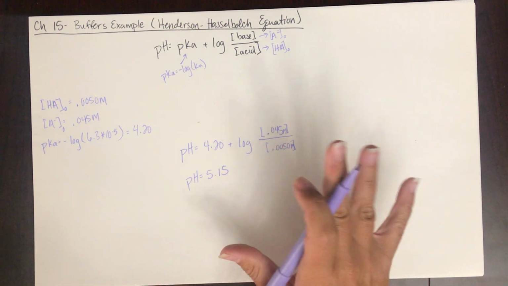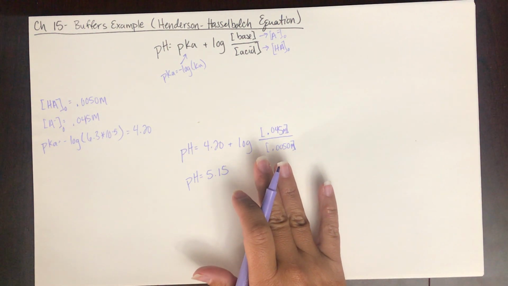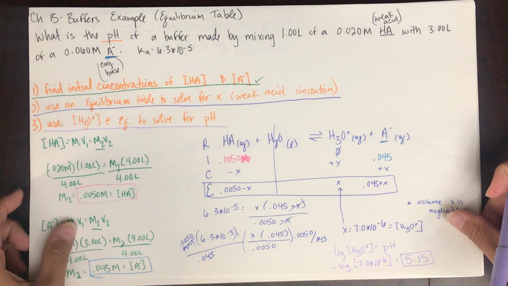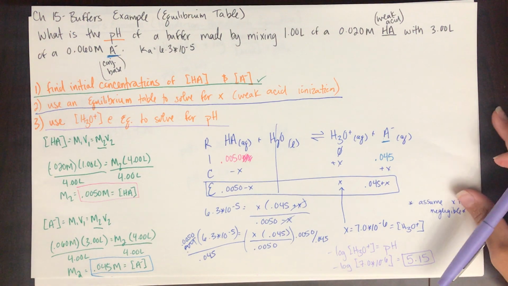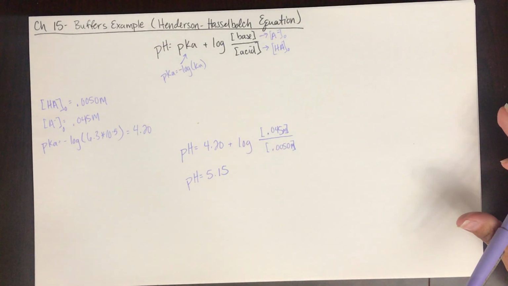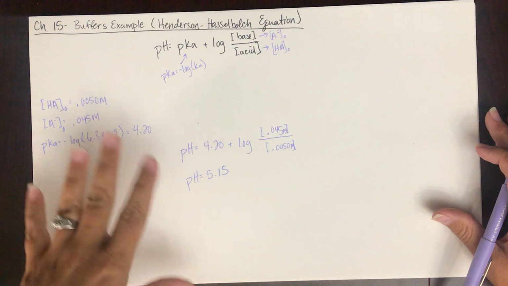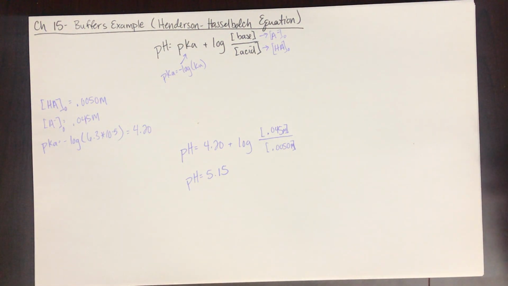So this can always be used to solve for the pH of a buffer. You also can always use an equilibrium table. I will never tell you which way to solve a problem on an exam. As long as you showed your work, whichever way you chose to solve it, that would be totally fine. This is a big shortcut in terms of writing out work and calculations. This is only for buffers.